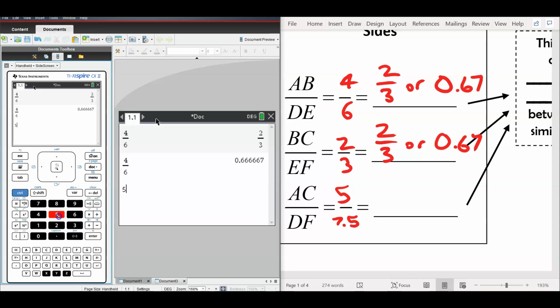Now the last one, 5 over 7.5. Let's try that. 5 divided by 7.5. I get the same decimal. So guess what? It's going to be the same fraction. There's not really a way to go backwards on that, but you know 0.667 is going to be the same as 2/3, right? Now each of these proportions gives me, what do you notice about these three things?